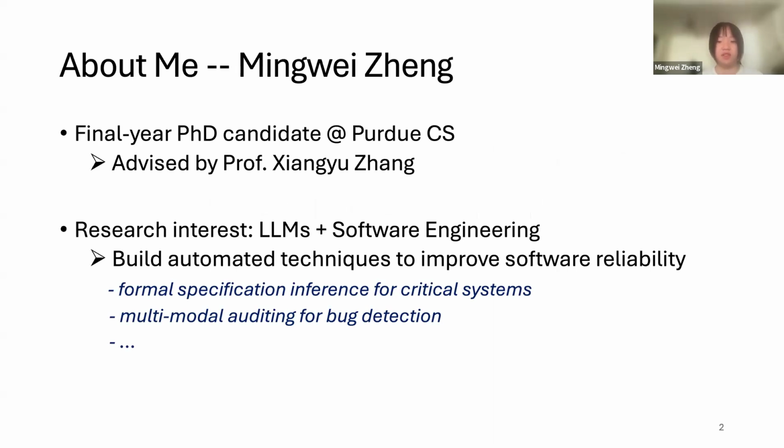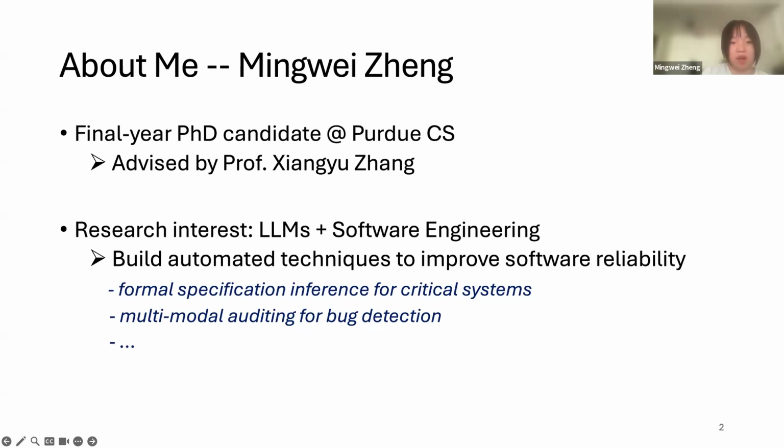My research focuses on the intersection of large language models and software engineering, and I build automated tools to improve software reliability. This includes inferring formal specifications, like network protocol input formats, directly from the code or from the documentation. These specifications can be used for downstream applications such as fuzzing and differential testing.